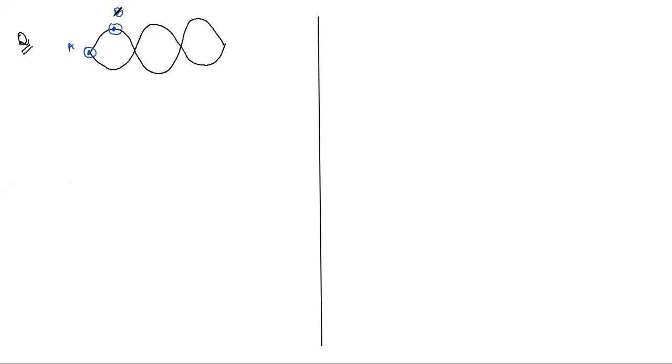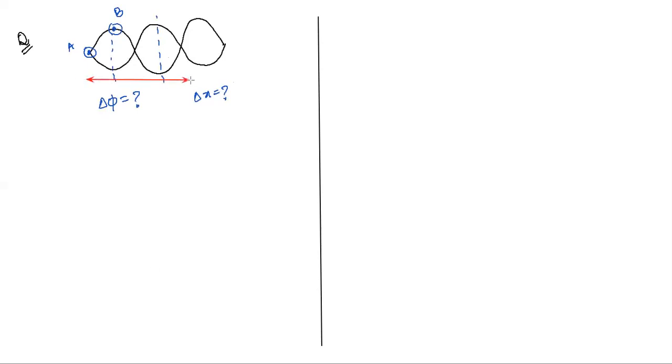Tell me what is the phase difference between the two points? First of all, can you find out the path difference between them, delta x? Yes, it's lambda by 4.